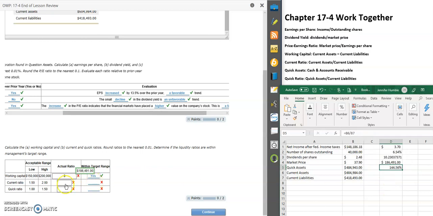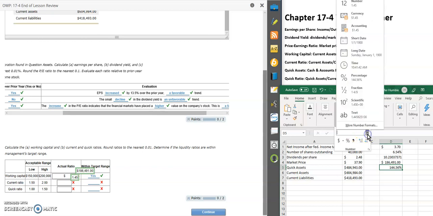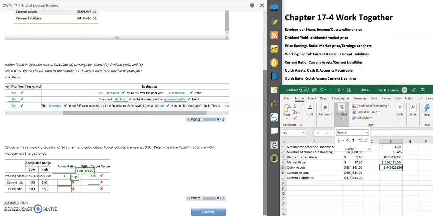Okay, let's see if that's right. 1.45. Okay, so that's right. If I didn't make this a percent, if I left it just a regular old number, that's what the number would be, 1.445, which is your 1.45.